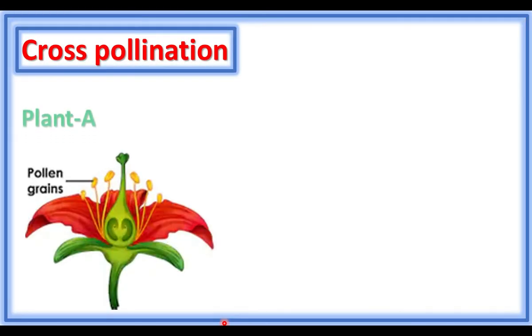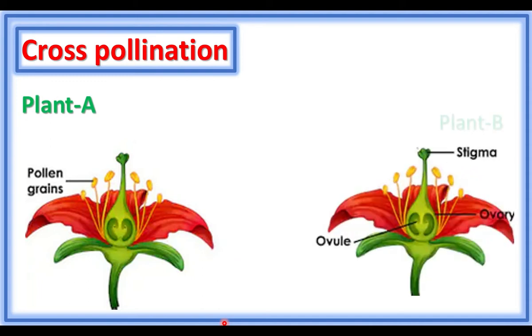This is a flower of plant A and this is a flower of plant B. When pollen grains are transferred from plant A to the flower of plant B, that is cross-pollination. Here agents are necessary. Wind, water, insects carry pollen grains from one flower to another flower of another plant.